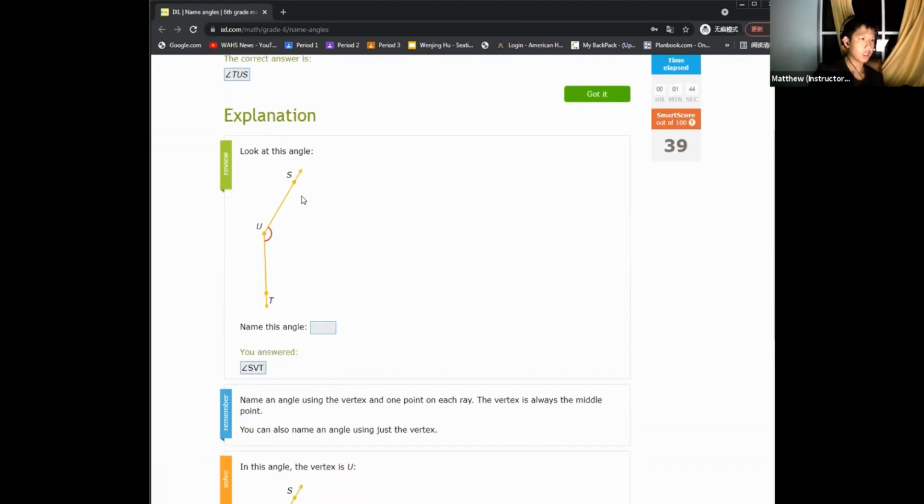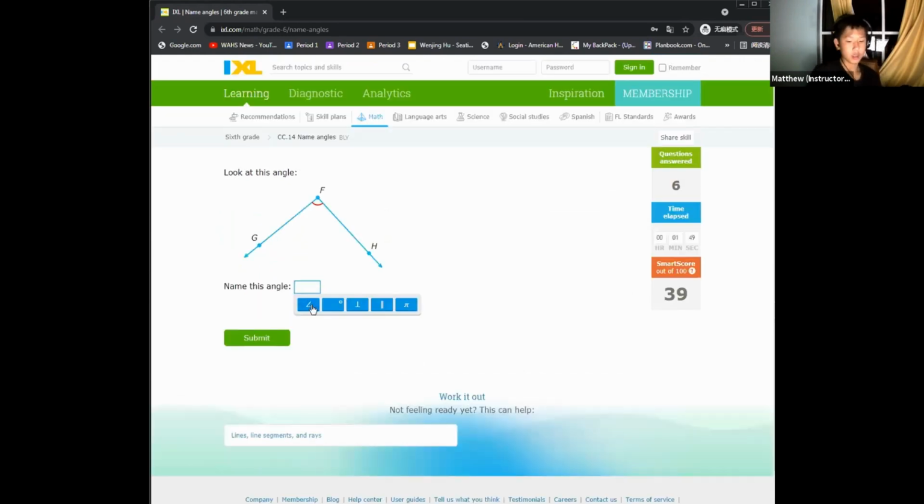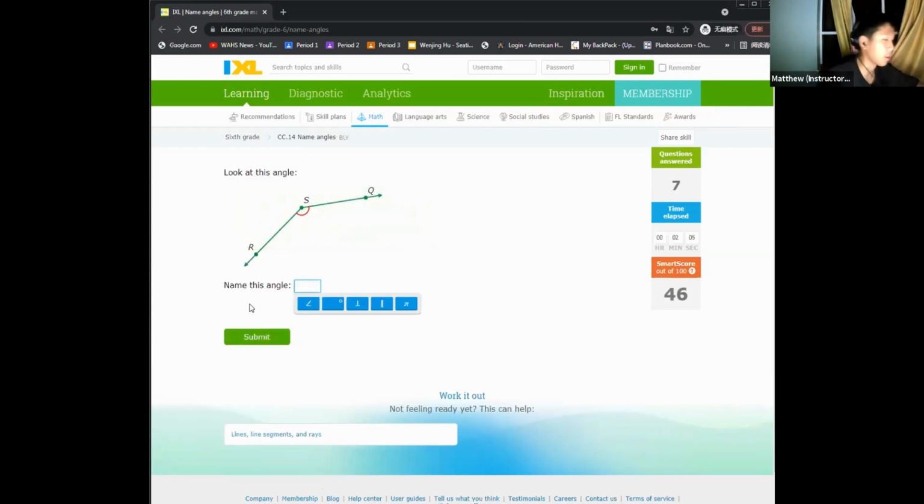Oh wait, T, U, S. S, oh wait, S, U, T. I misread it. Alright, let's continue. It's lightning outside. Lightning's real heavy.